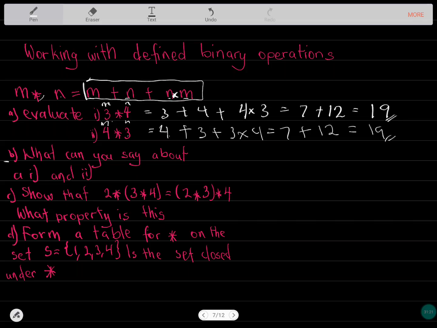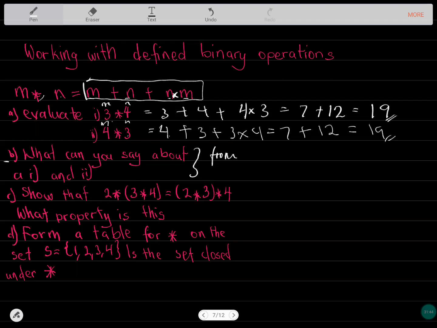Now for B, we are being asked to say something. What can you say about I and II? We could come to a conclusion that from the answers in I and II, since they are equal, then we can say that star is commutative. Okay, so that is the commutative property. That is what we are being shown here.